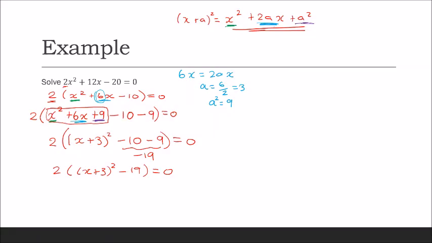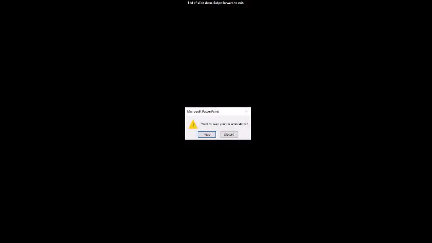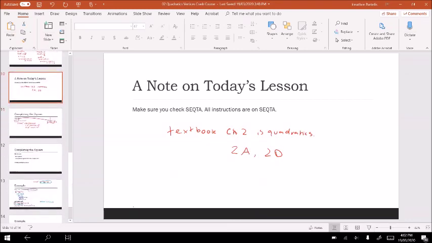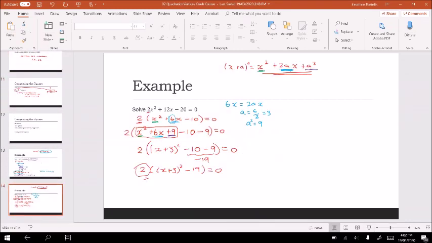And then I have this 2 out the front. So I'm going to divide by 2 on both sides because I want to be able to get the bit inside my bracket by itself. Oh, it's saying that I double tapped and that looks like it's a new slide, so let me just get back to it. Thanks for your patience.